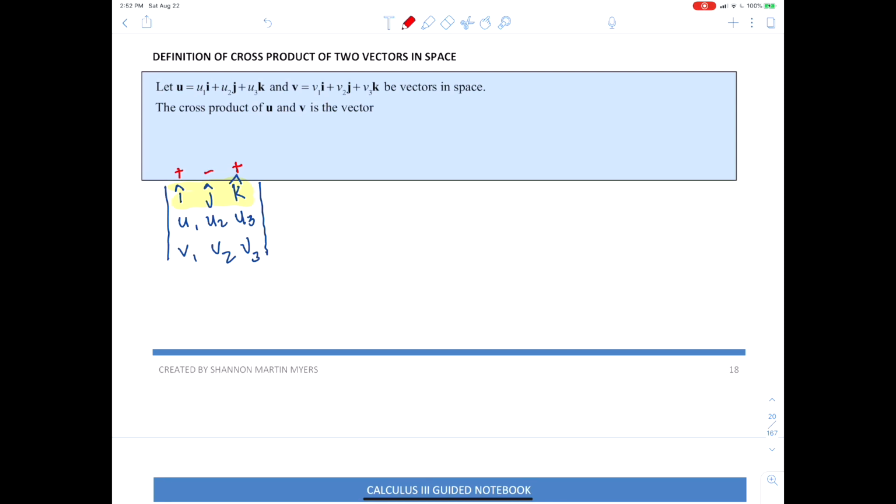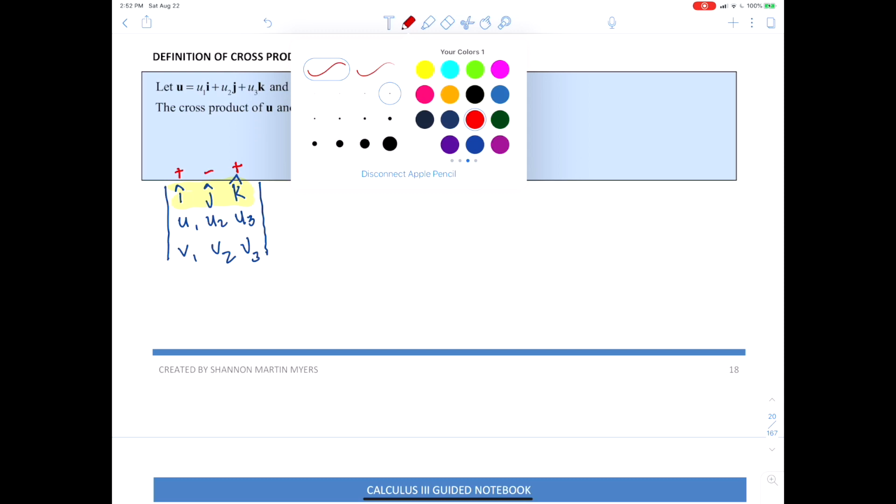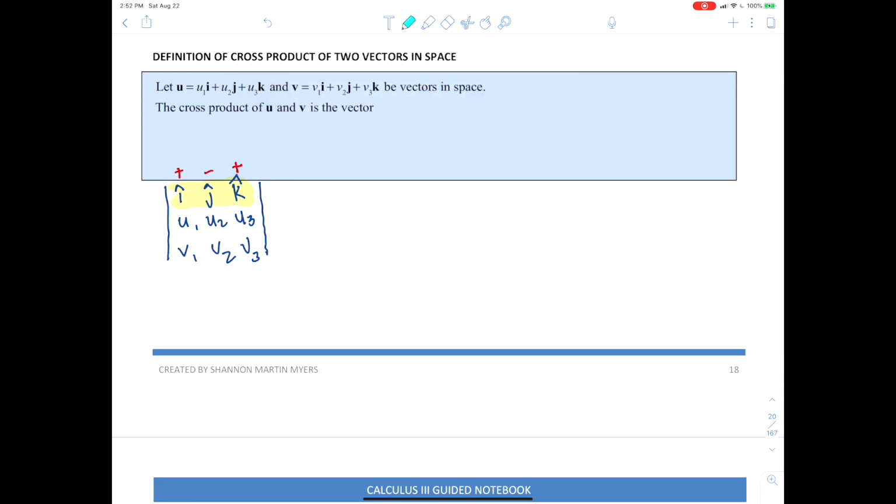Basically, each time you're expanding about something, you're mentally crossing it out. When I take a look at the i vector, I'm crossing out everything else in its row and column and making the determinant from what's left.